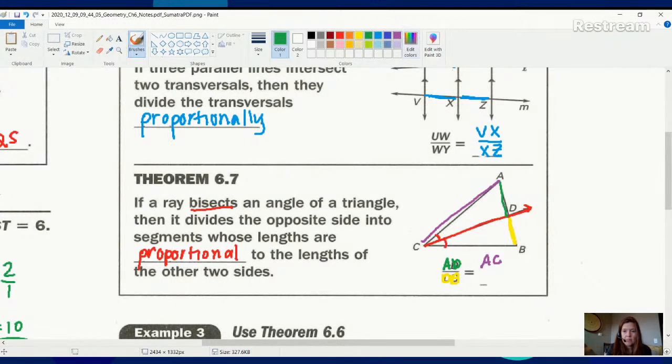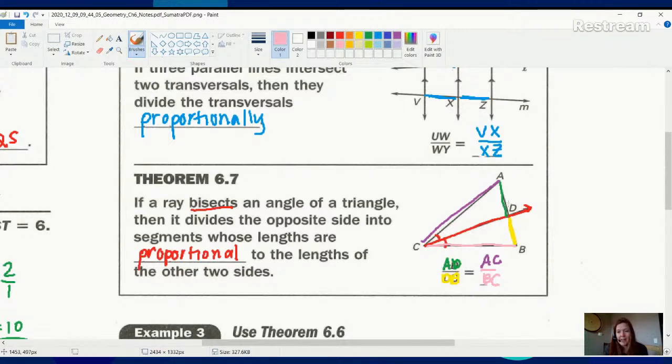I didn't use pink. There we go. AC over BC. So this is the only one that feels a little weird for me, and I don't know if it feels a little weird for you.